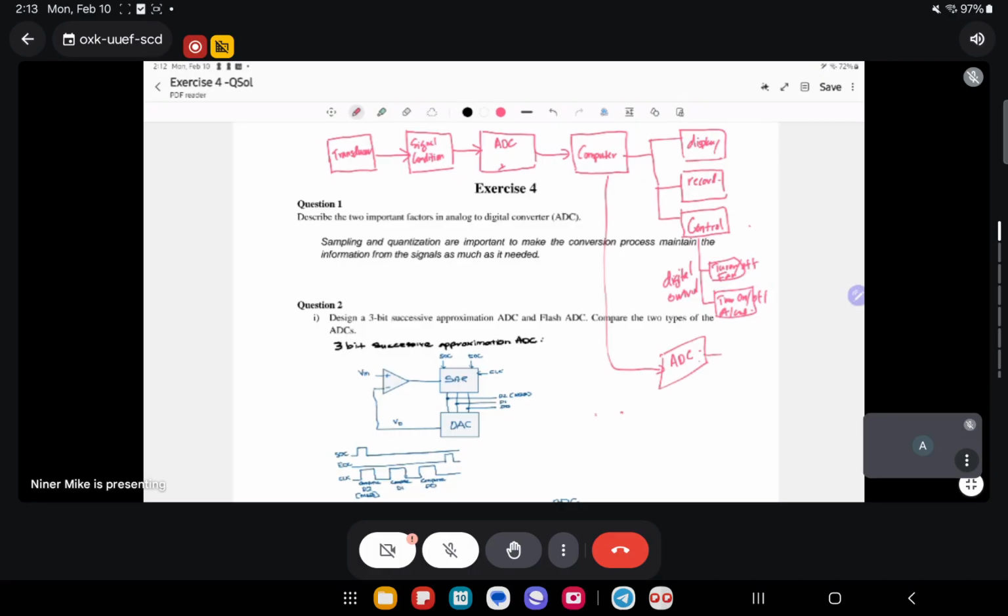Then it will output a voltage, which is the one that can control, for example, a light. So this light you can make bright or dim, in order to control the brightness.